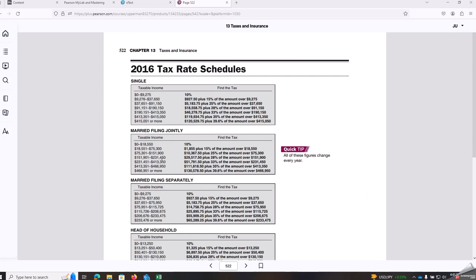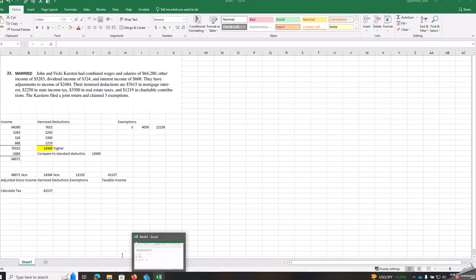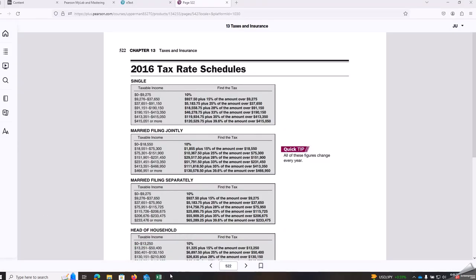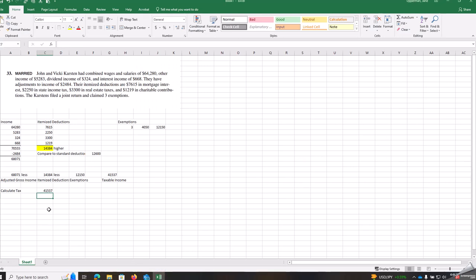Okay, so we are married filing jointly. So we go to the married filing jointly table, and we are in this second category. We're above 18,551, but below 75,300. So it's going to be 1855 plus 15% of the amount over 18,550.